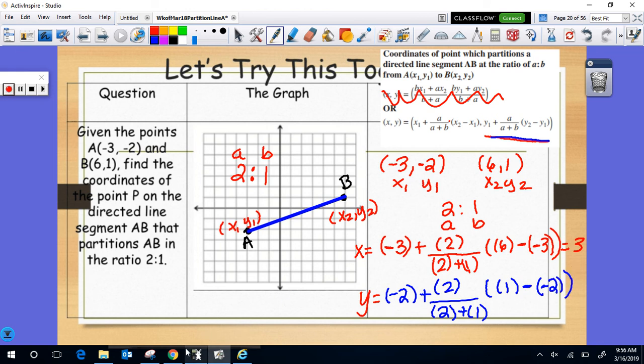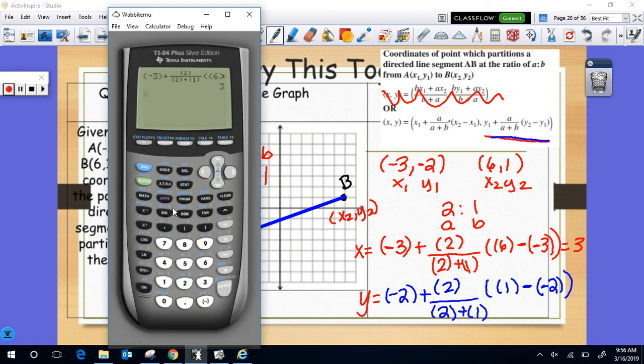Then I'm going to go back to my calculator, and there are actually shortcuts, so you don't have to keep typing this information in. You can go back and pull up the last one and change the pieces. So just go up and push enter on the graphing calculator, or if you have a Casio, then you're probably just going to have to retype everything in again.